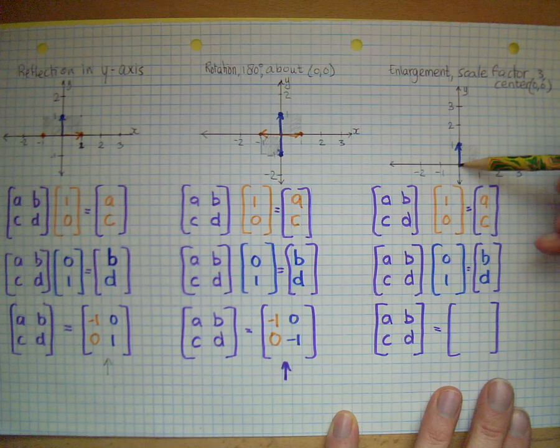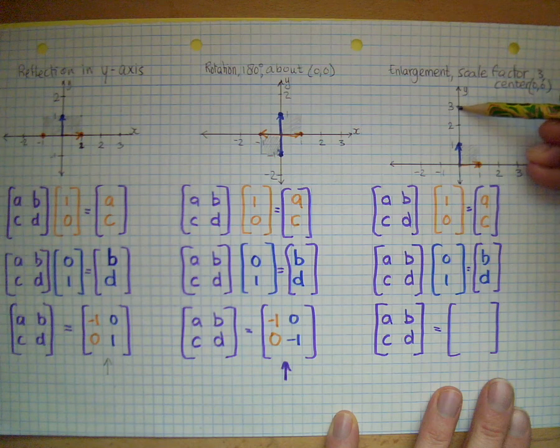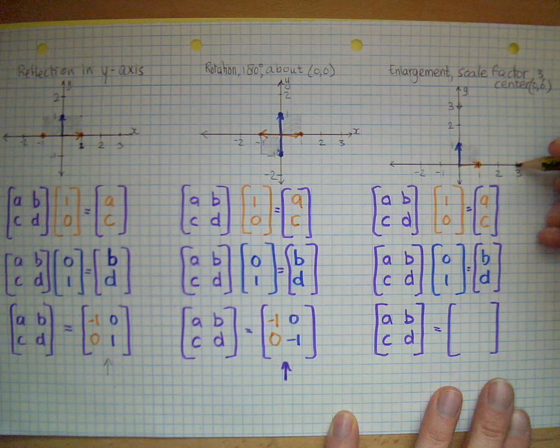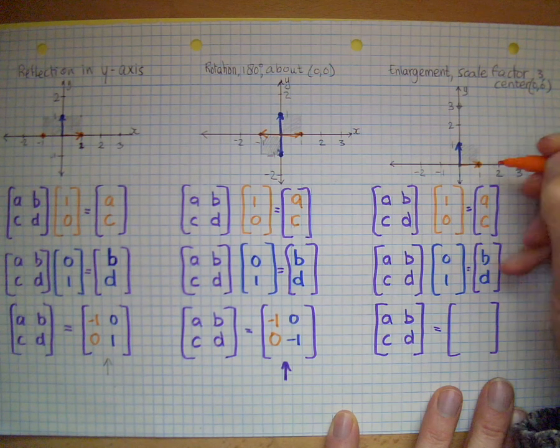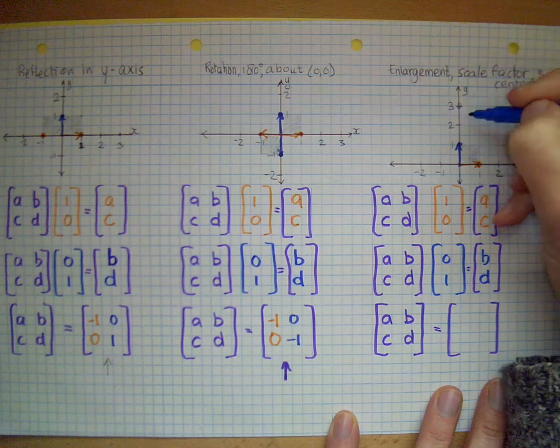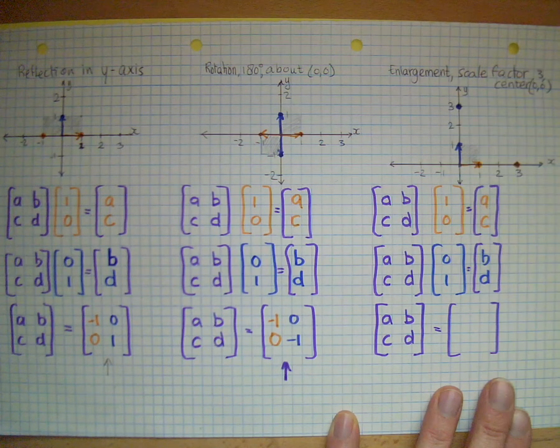So instead of 1 up, it goes 1, 2, 3 up. And here it goes 1, 2, 3 over. So our orange vector will be there. Our blue vector is going to be there.